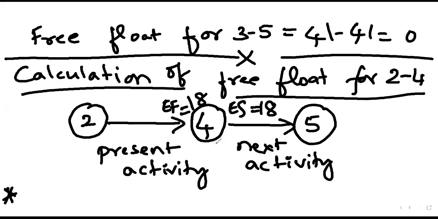If anyone is not understanding, just let me know, because free float based on this calculation itself, the group project is also conducted. Okay. So each group is supposed to do a project on network analysis itself. Each of the group has to come up with the calculation of all the early start, early finish, late start, late finish, and all the float calculation.